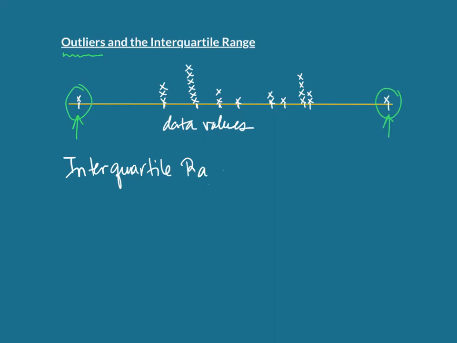So interquartile range means basically the spread of the quartiles, okay? So the interquartile range is equal to the upper quartile minus the lower quartile. Or in other words, Q sub 3 minus Q sub 1.